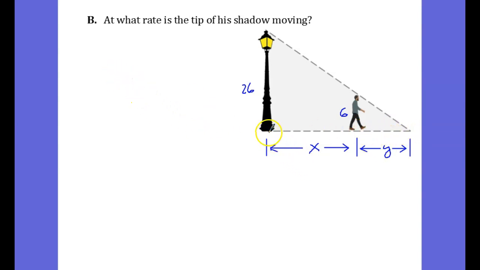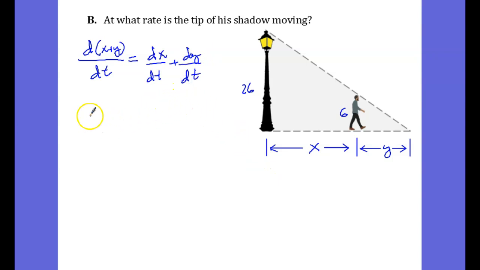So we're wanting to know what is the total rate of change for this side of the triangle as Andy is walking. And so we can write that as d/dt of x plus y, the rate of change in x plus y as a function of time, and that is equal to the sum of dx/dt and dy/dt.